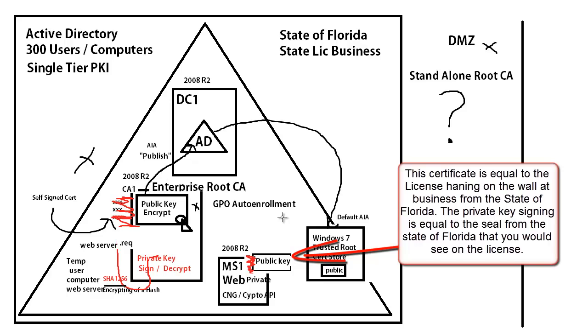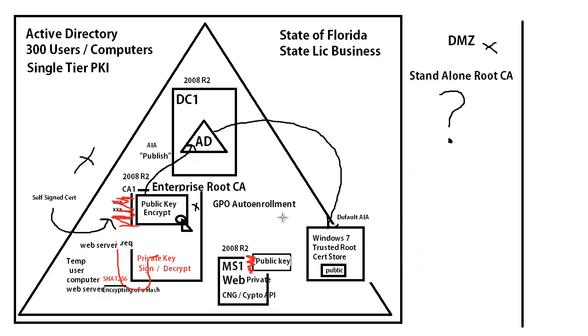We have established in Tallahassee the building, the state-run agency that's going to be issuing licenses. We have established an enterprise root that's going to be issuing certificates. We've described how to do the installation, how it generates a public key and a private key, how a certificate is built, how the private key is used to sign that certificate.